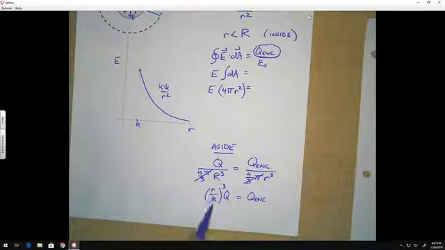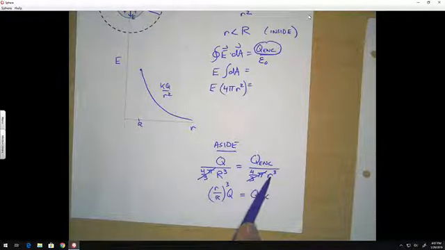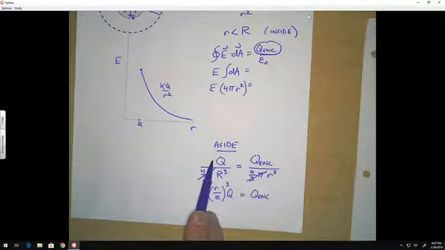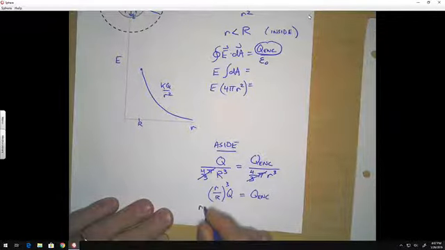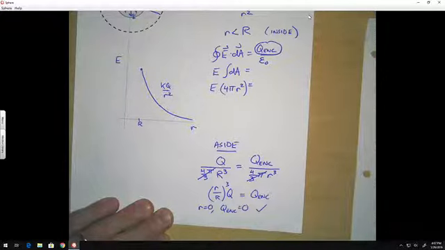Of my radii. So you see what I did is I cross multiplied this little r cubed, brought it over here. I left the big Q, that's the total charge, and then I just brought these things inside of a cube. So if r is equal to 0, Q enclosed is equal to 0. That's good. And if r is equal to big R, Q enclosed is equal to Q. And that's good.